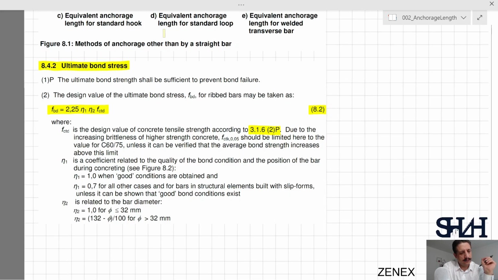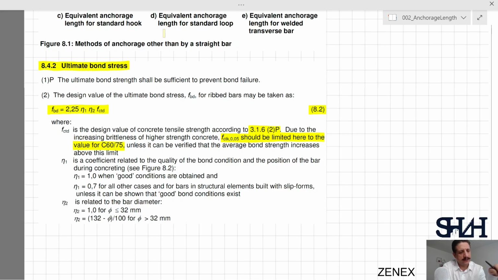And there is also fctk 0.05, and this is important that fctk 0.05 should be limited here to the value of C60/75, unless it can be verified that the average bond strength increases above this limit.